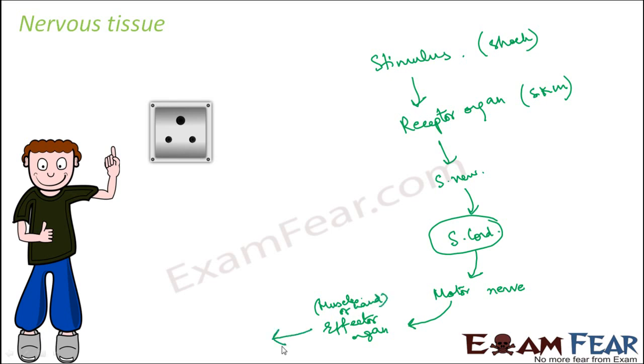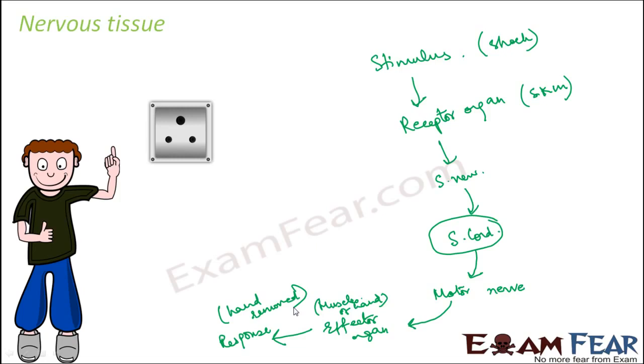Now once the muscle receives the information that, okay, I have to remove my hand from here, it will start contraction and relaxation and as a result, there will be a movement. So this will result in a response. And what is the response? Hand would be removed. So you got a basic understanding of how the information gets transmitted within our body, right?